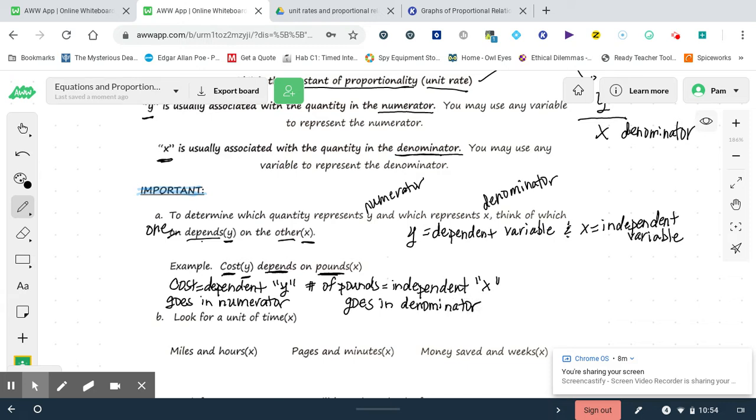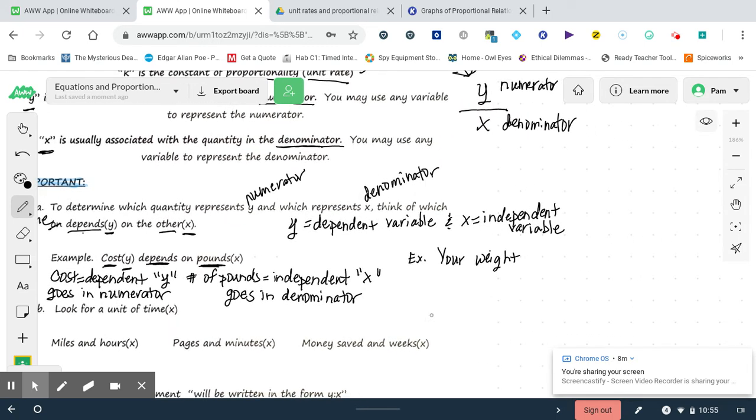I'm going to throw some more examples up here. Maybe I could say your weight, and we measure ourselves in pounds. Your weight depends on what?